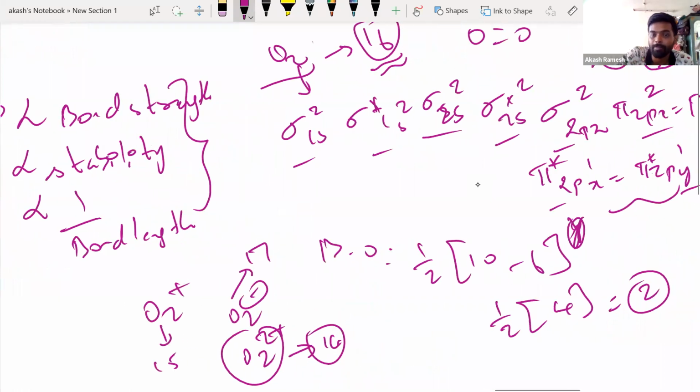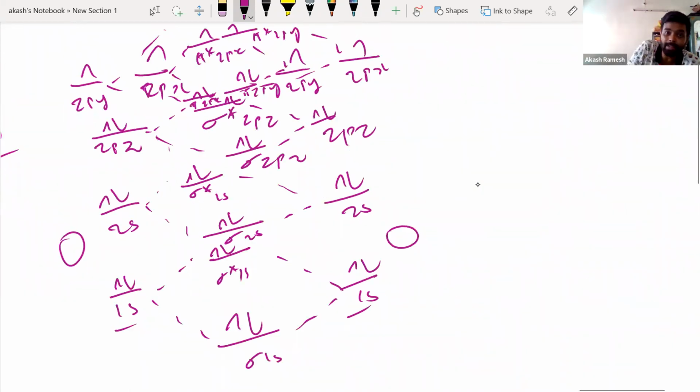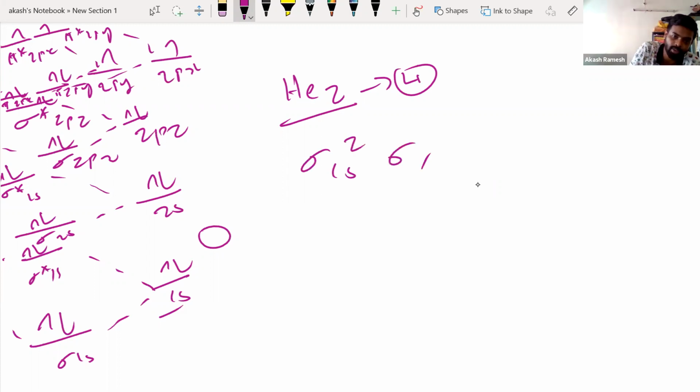Same goes with N2. If you check, in the same way you will find that it has a bond order of 3. But if you check for the He2 molecule, I already have 4 electrons here. How will I write the configuration? Sigma 1s2, sigma star 1s2.